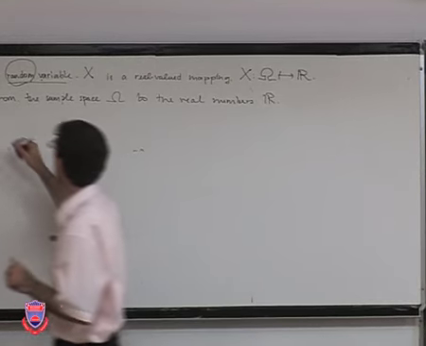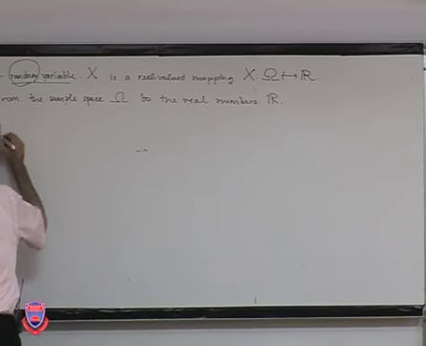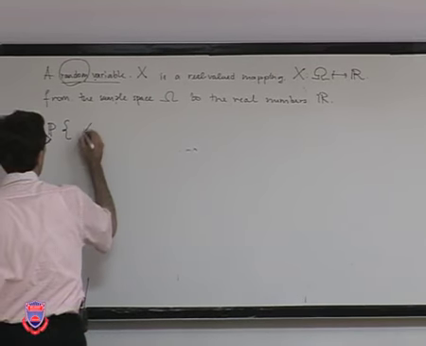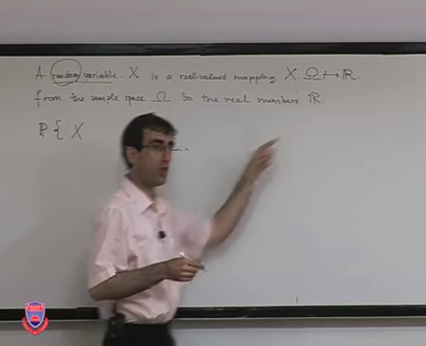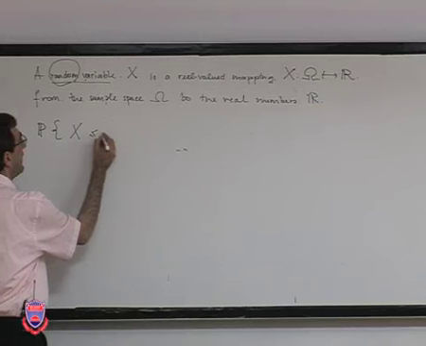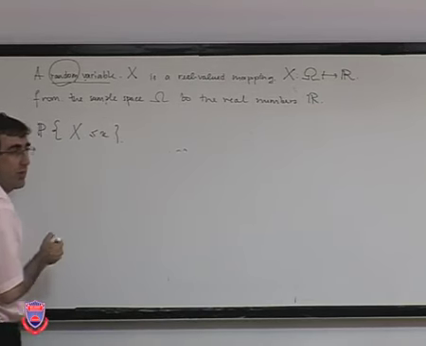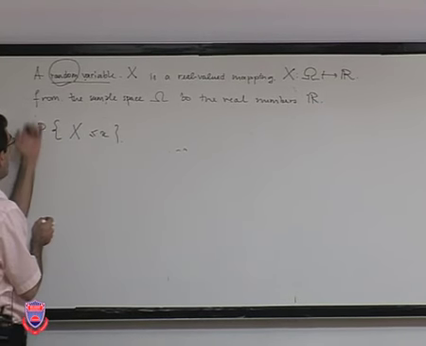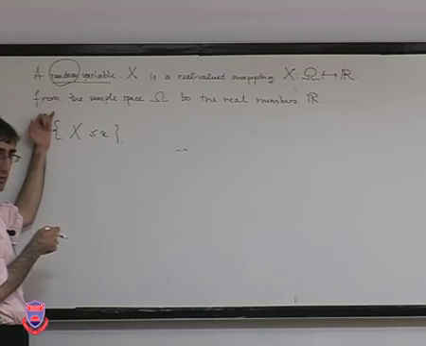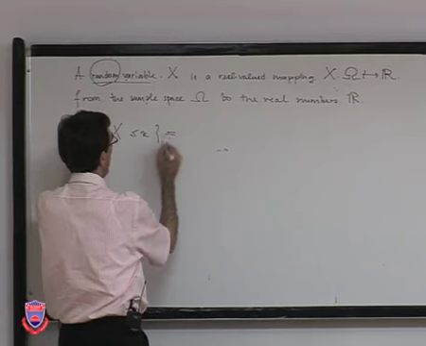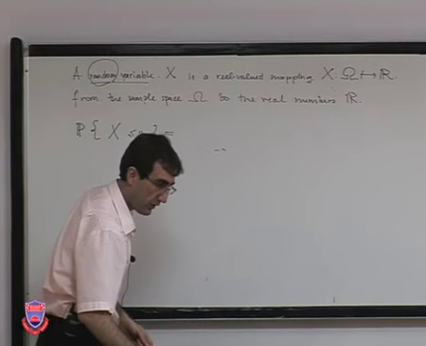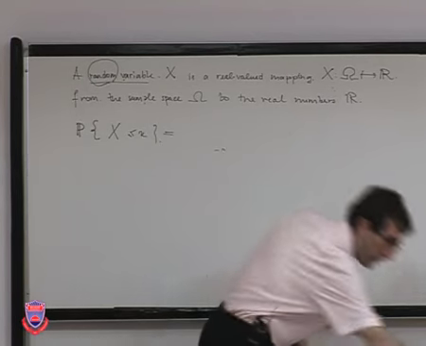Since X, a random variable, is real valued, you can compare this thing against any number given to you, small x. So this is an event. It is an event because this is the shorthand notation. So why don't I just write it quickly like that?